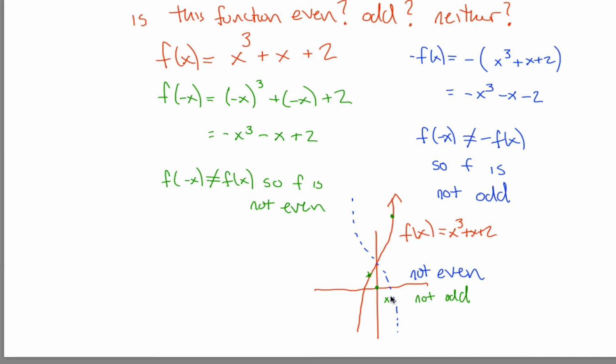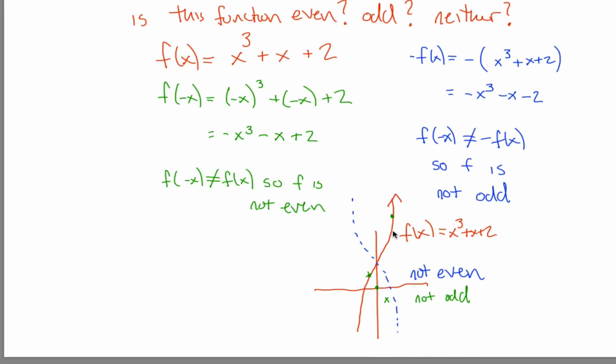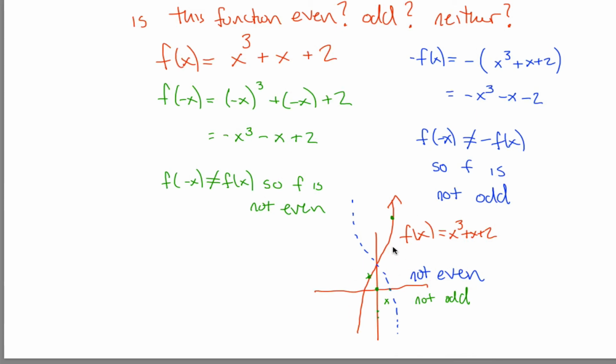If you don't like this idea of bouncing things over the origin, which is a little bit weird, you can also ask yourself the question, will the red graph land on itself if I first flip it over the y-axis and then flip it over the x-axis? If you took the graph in red and reflected it over the y-axis, it would land on the dotted line in blue. We already did that. And then took the dotted blue graph and reflected that over the x-axis.